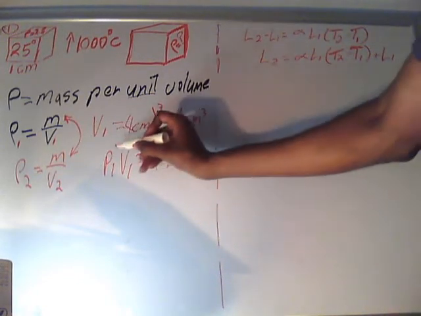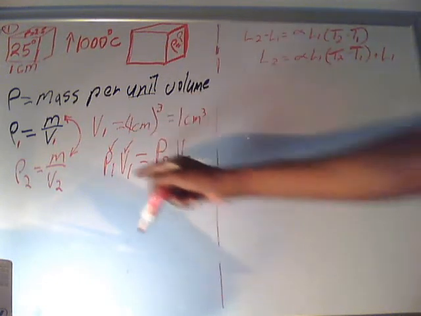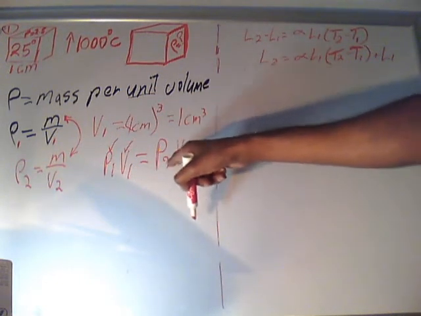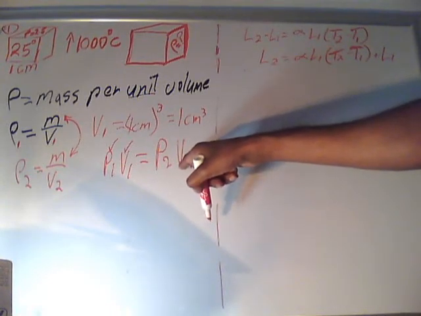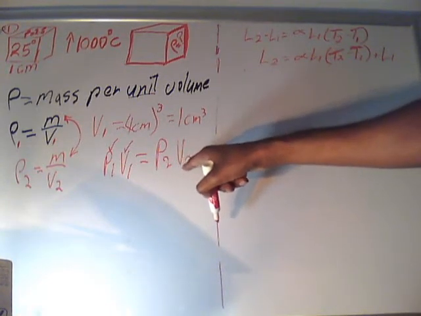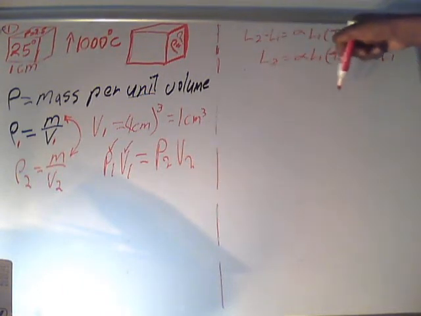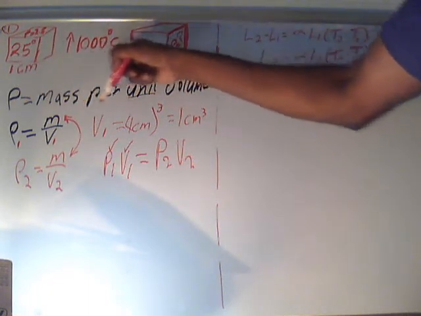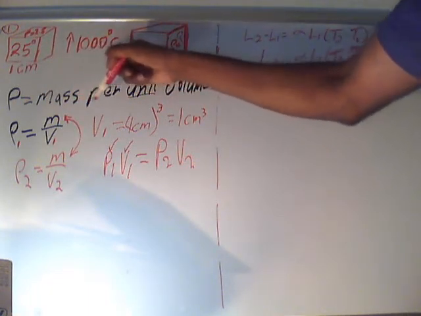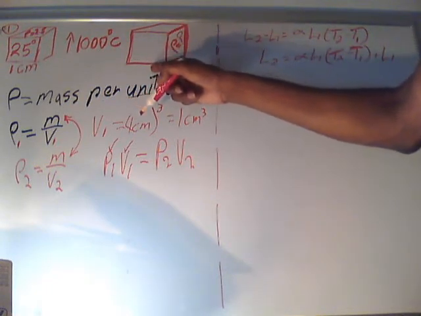So rho 1 was given to us. Volume 1 we calculated based on our assumptions. Now what's going on in situation number 2? We want to find rho 2, but we don't know the volume at 2. So how do we find the volume at 2? Well, we've got an equation that tells us the change in length for a specific change in temperature, given the coefficient of thermal expansion.